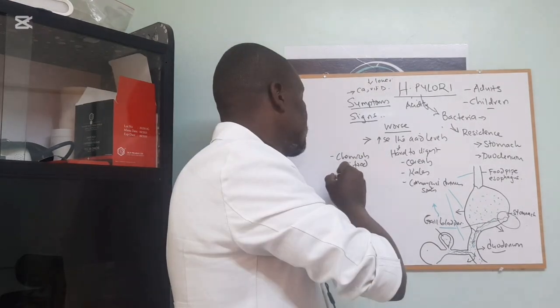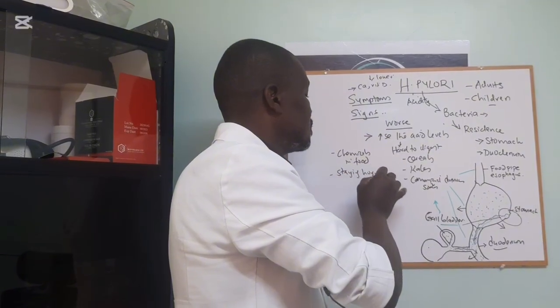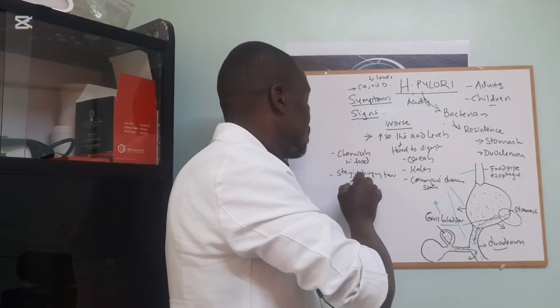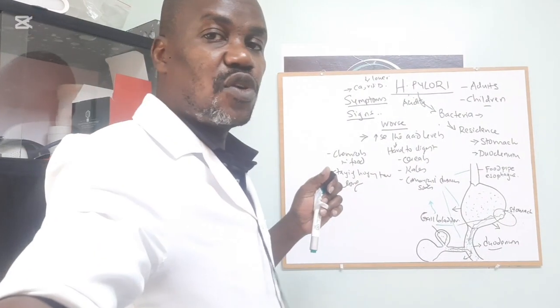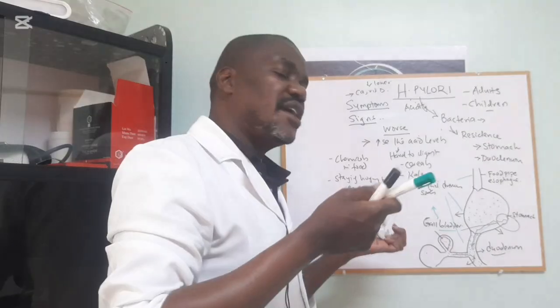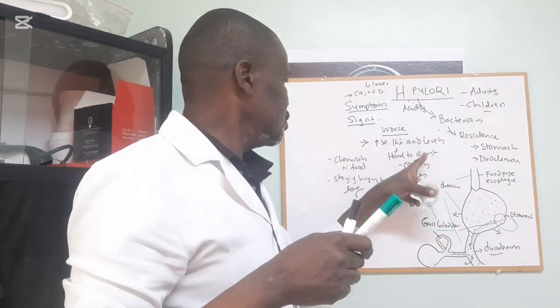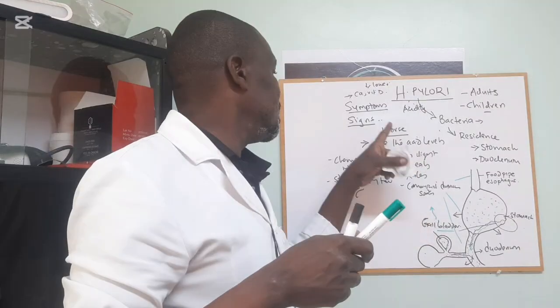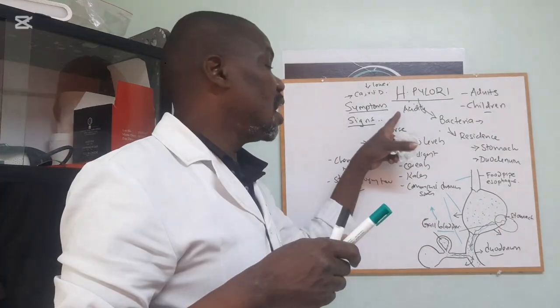Also staying hungry for long, like it happens when they're in school. So they stay hungry for long and then they go for lunch. And what do they have for lunch? Rice and ndengu, or rice and beans. So that will ultimately make the acid levels become worse and might trigger these symptoms.